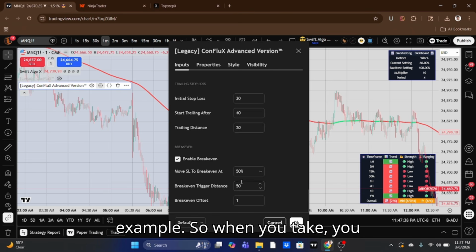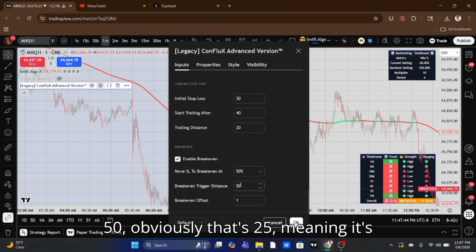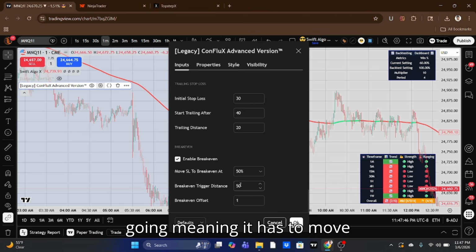So when you take 50%, multiply that by 50, obviously that's 25. Meaning it has to move 25 points in order for the break even to trigger. So let's say price enters at 100 points, okay?